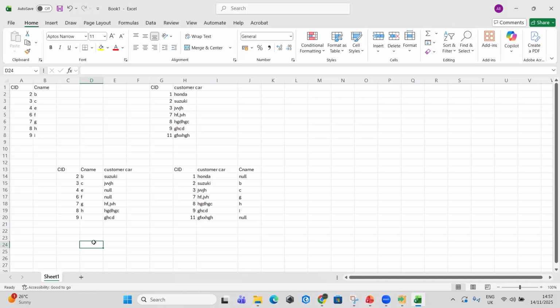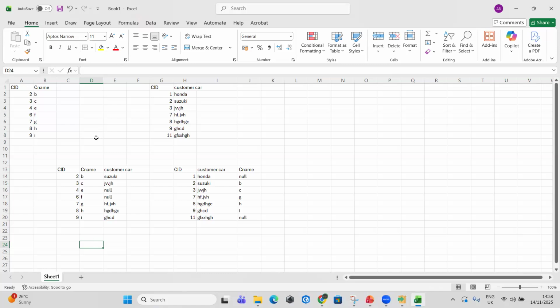And in the right join, it takes the right table first, and for the missing values, for example, in the right table, customer ID one, customer car Honda, but the left table doesn't have any customer name, so it appears as none. Where the values are there, it copy-pastes these values, and where the values are not there, it pastes a none value.